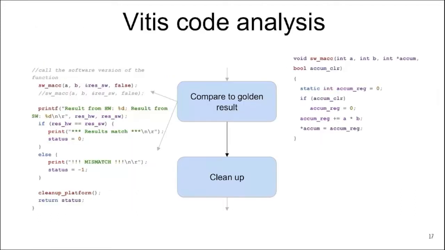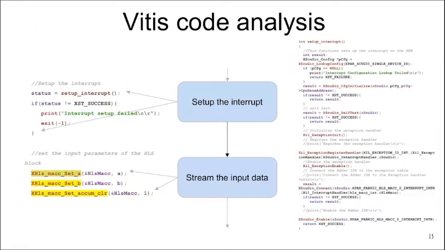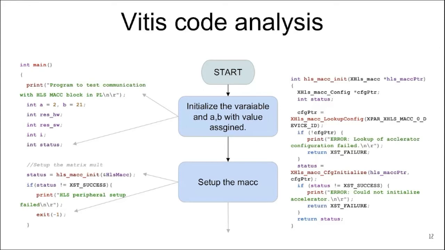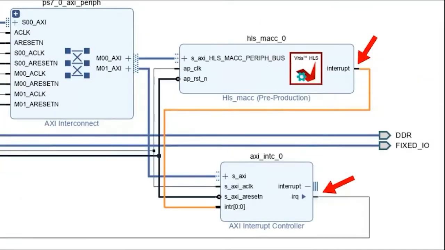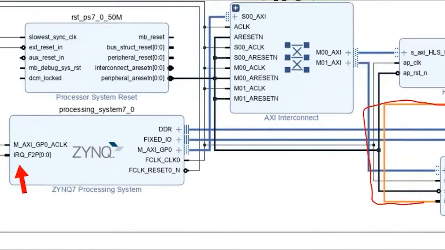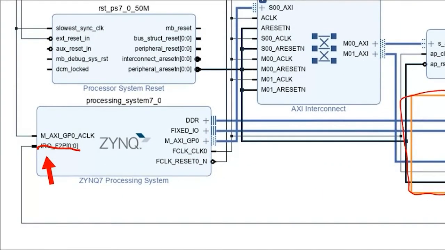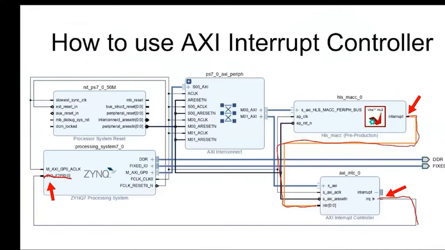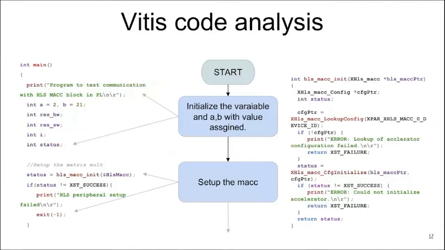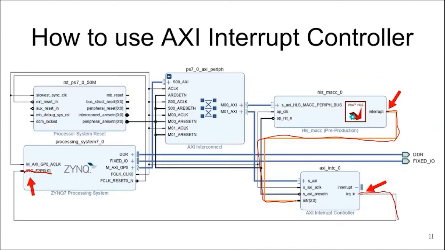So the workaround is to add a handler here. The interrupt connects to here, and the IRQ connects to the PinQ. That's our workaround. So add the interrupt. Okay, then we can do the application code analysis now.